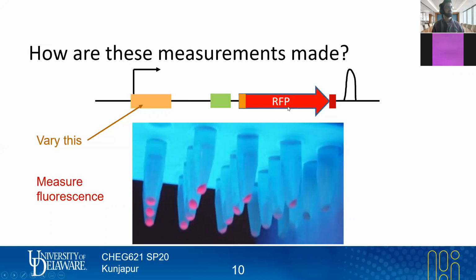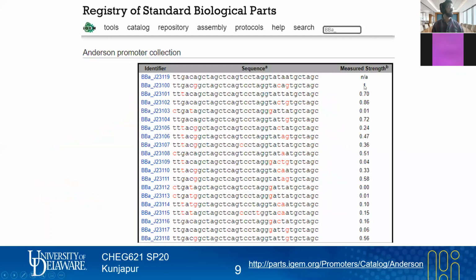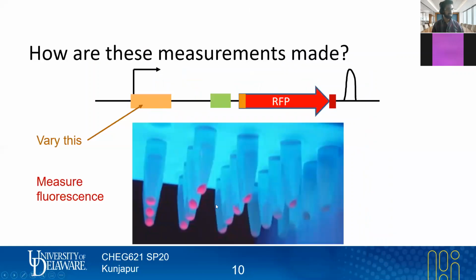You can make it a red fluorescent protein in this case. And this is the actual image from that site showing how promoter strengths were obtained. So these are normalized to the fluorescence that was observed in this case. And I think some other kind of normalization that's important here is usually to the amount of cells that you had, since you could just have more cells and end up with more fluorescence. But what you want to understand is how strong is the promoter for any given cell.